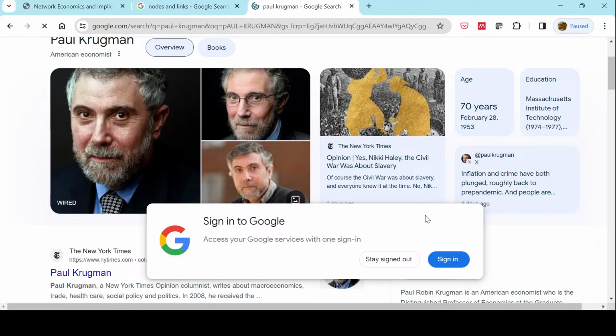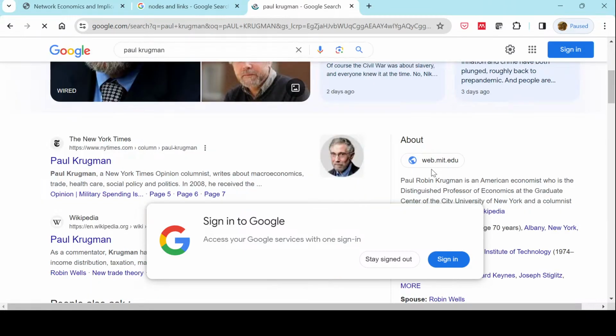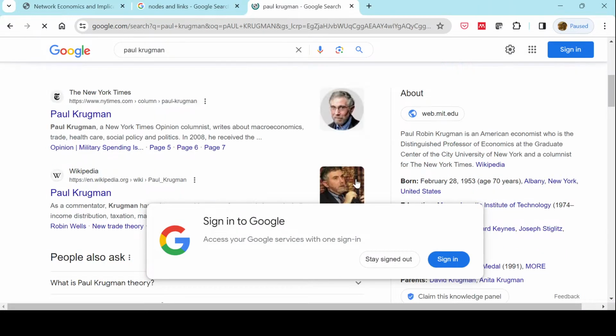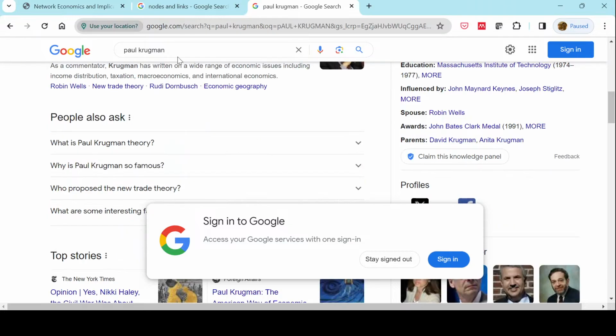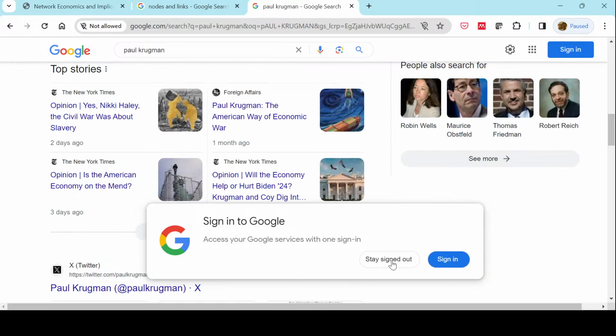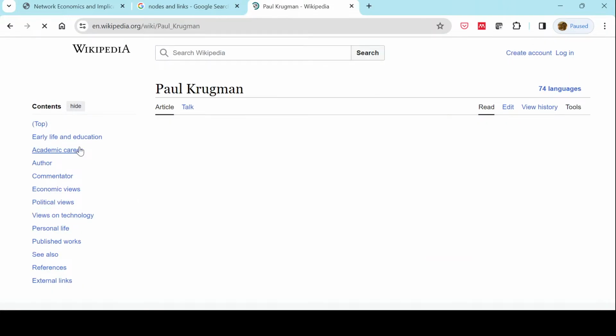How can I get this out? So he graduated from MIT and Princeton. Okay, let me go here and find if there's a textbook that I see.